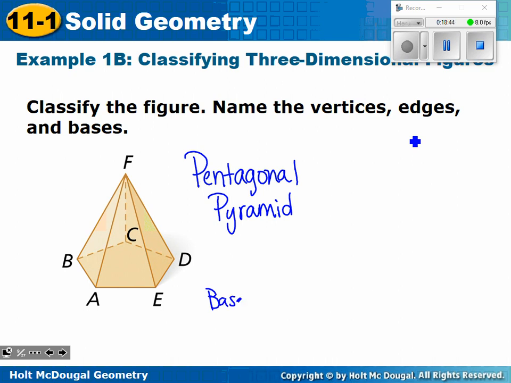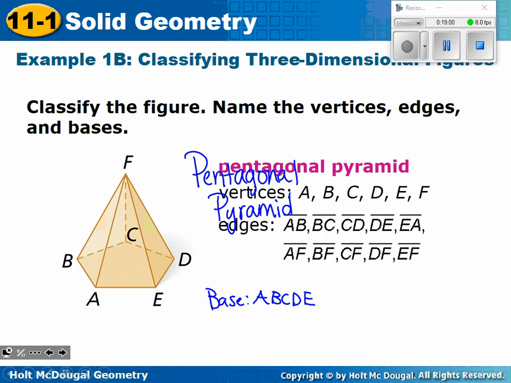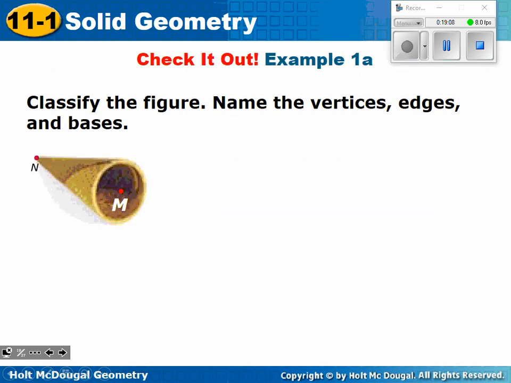What is the name of the base? A, B, C, D, E. It doesn't matter where you start, but make sure you're going consecutively around the shape. So you could say D, E, A, B, C. I don't know why you would want to do that, but you could. So here are the answers, and they'll be in the filled-in notes, but I'm going to save us time and not write all those edges out. Is that okay? Okay. Let's go to the next one.